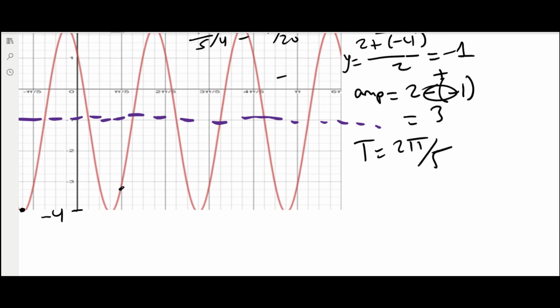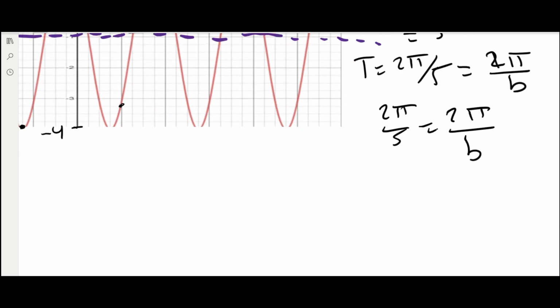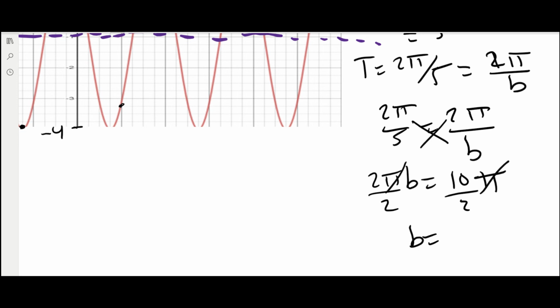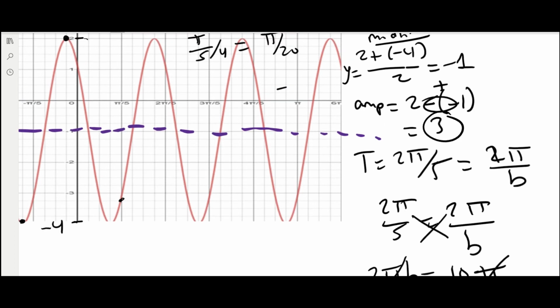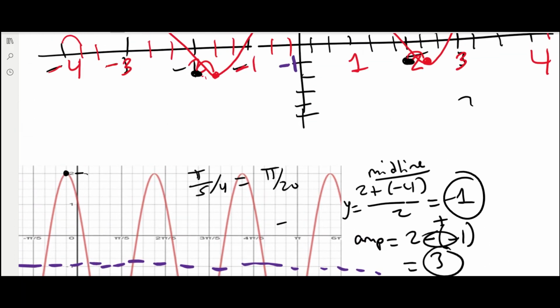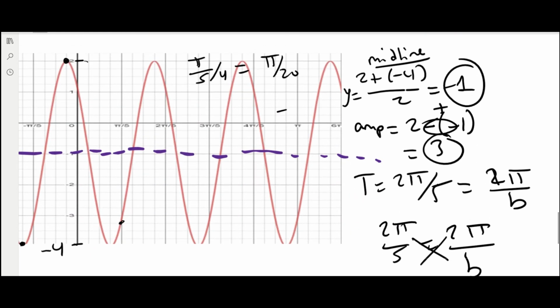Remember, the formula for the period is 2 pi over B. So we have 2 pi over 5 equals 2 pi over B. Cross multiply: 2 pi times B is 2 pi B. 2 pi times 5 is 10 pi. Pi's cancel. Divide by 2 on both sides, and B has to equal 5. So we've got B, A, and D. All we need to do is find C, and we'll be able to find our equation.